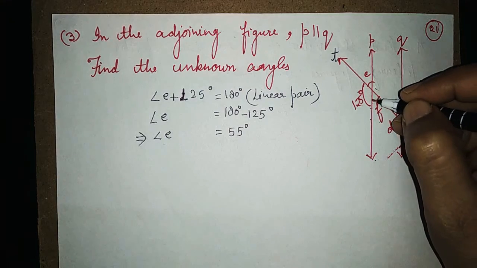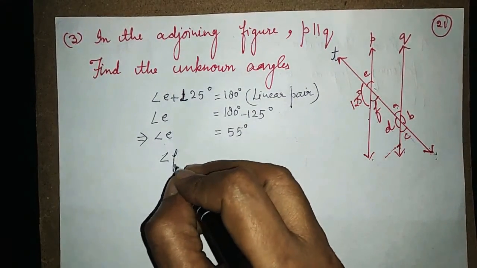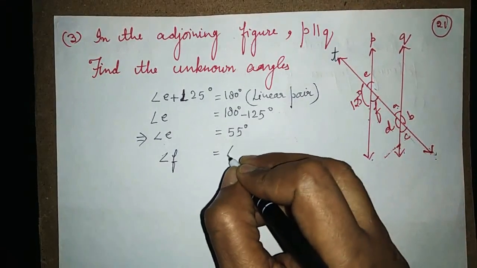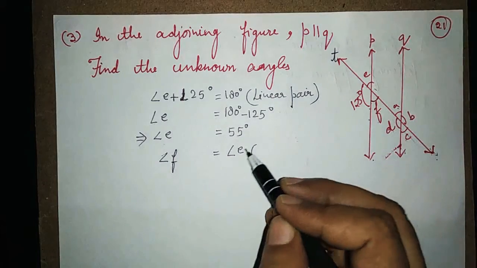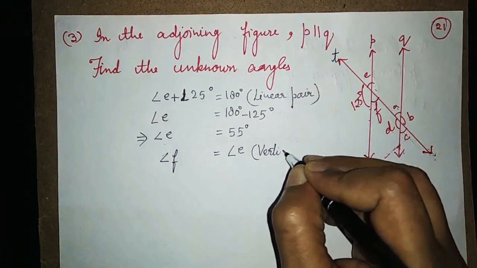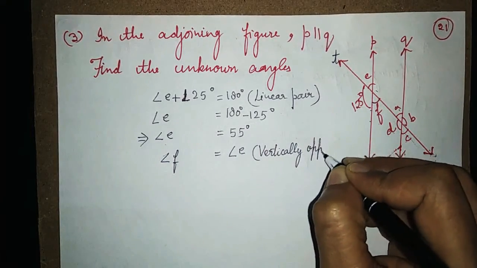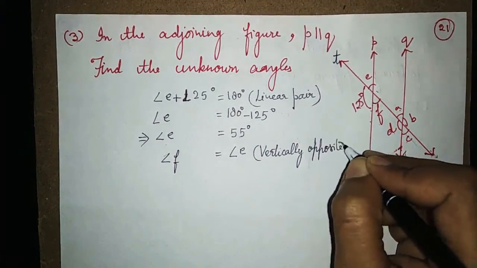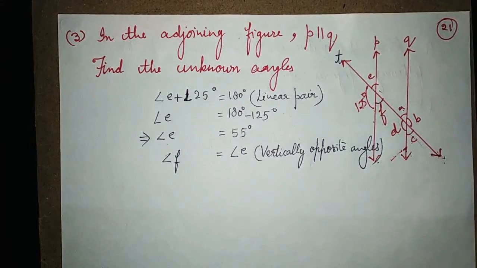So we write angle F is equal to angle E, and here we will mention the reason why they are equal: vertically opposite angles.